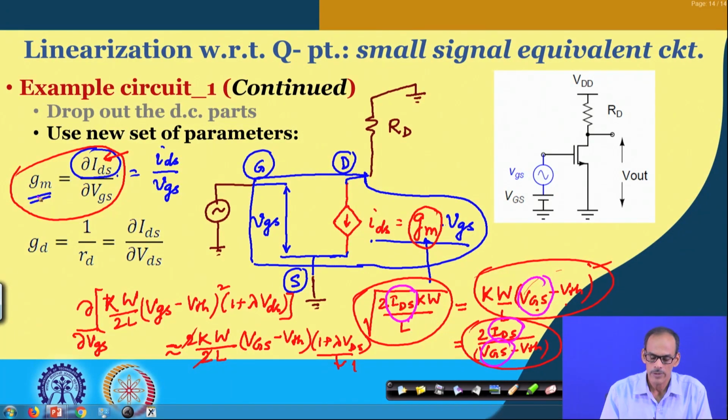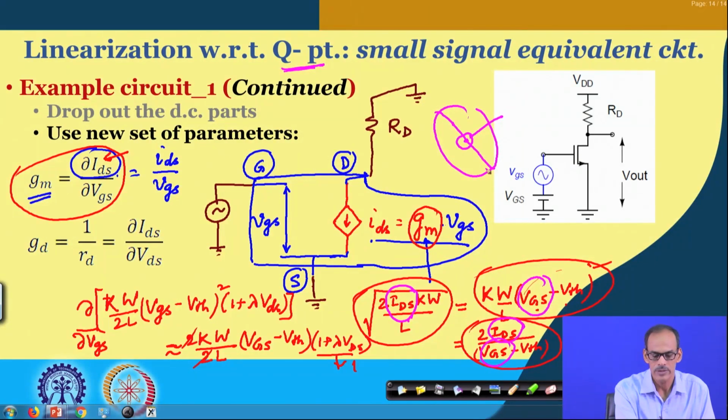So, to get steady linearized operation, whenever you are talking about linearization of the transfer characteristic with respect to the Q point, it is better to keep this Q point constant, so that the value of GM can be assumed constant. But in case it varies slightly over this linear range, you may still approximate it as remaining constant.